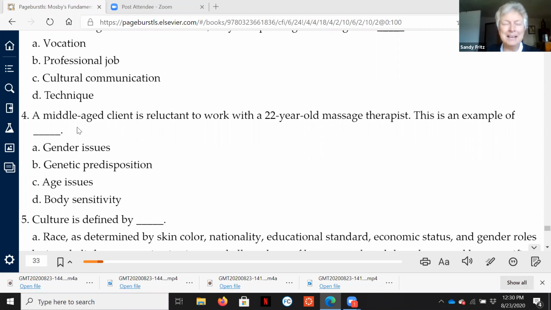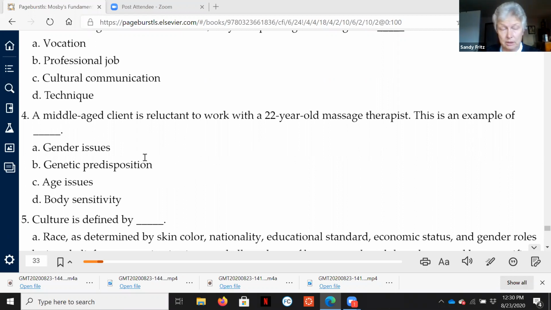So then you have to decide, are we talking about age here or are we talking about gender? And this is an example where some of these questions can get difficult, and it's frustrating to a lot of people that are challenging the exam.